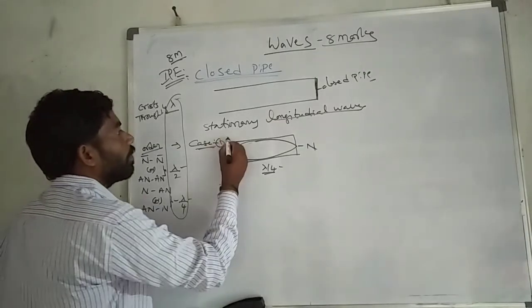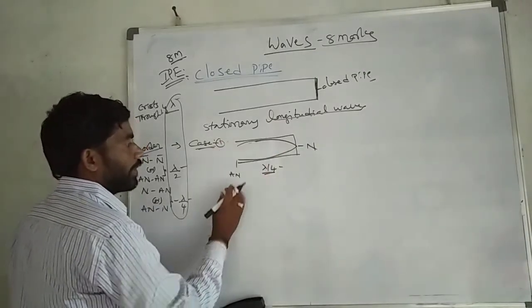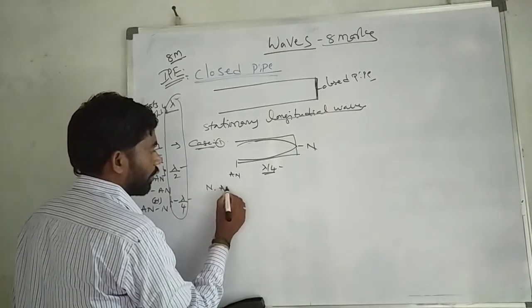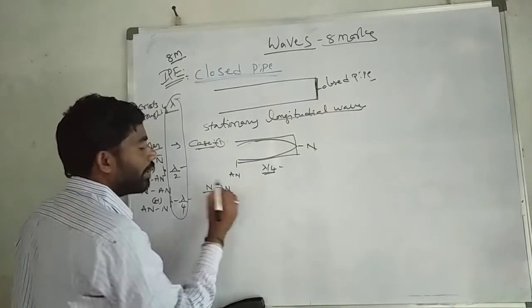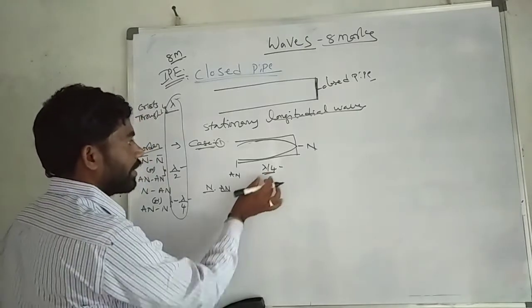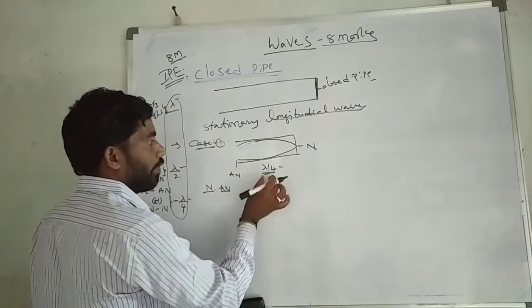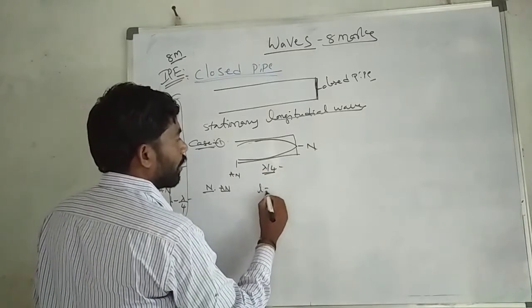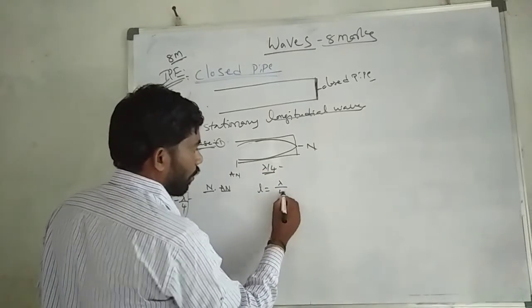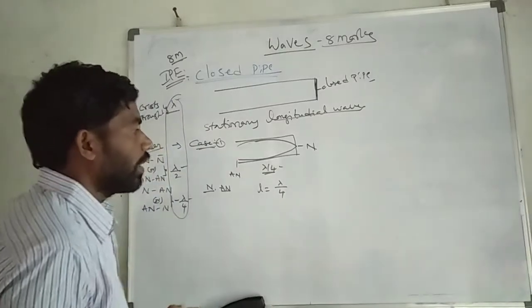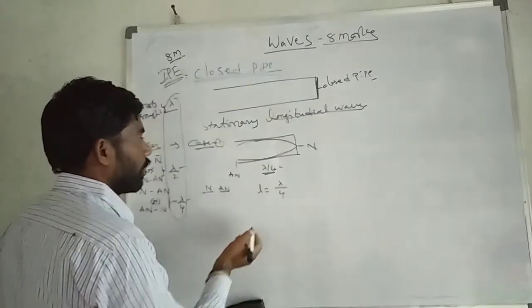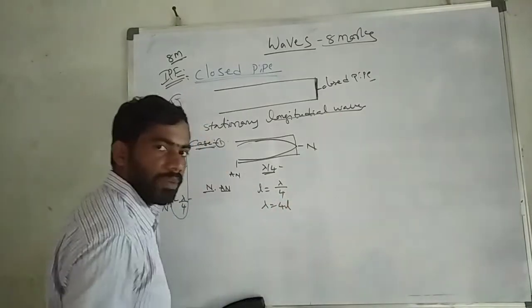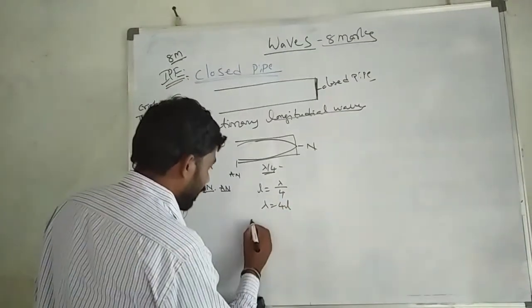Take the first mode. In this case, there is only one node and one antinode. The distance, the wavelength, is lambda by 4. So L equals lambda by 4, so lambda equals 4L.